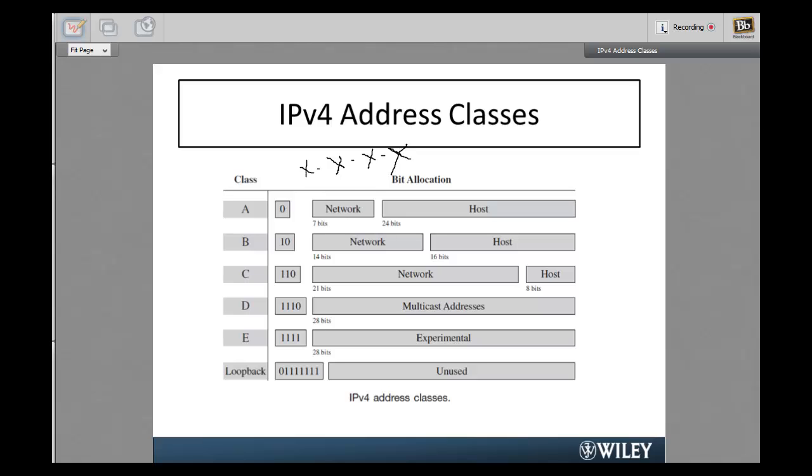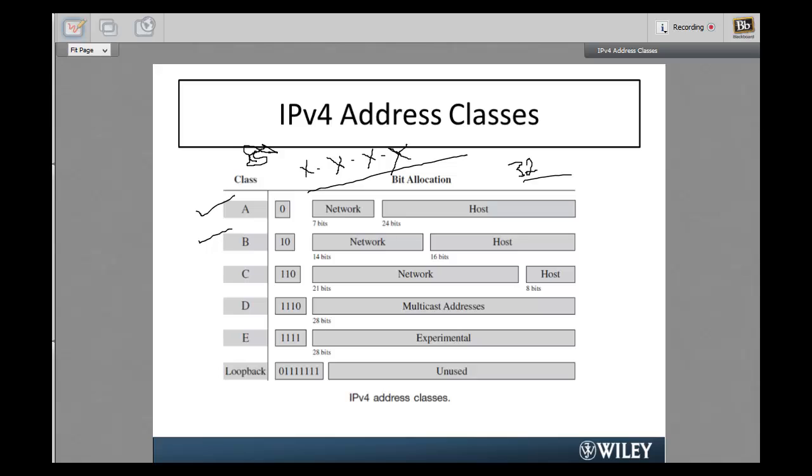So in this address, if you have 8 bits at the beginning and the other 24 are for the host, it's class A. Because all these are 32 bits, 32 divided by 4 becomes 8. So we call each one an octet, 1 byte, 8 bits. So this is the organization.